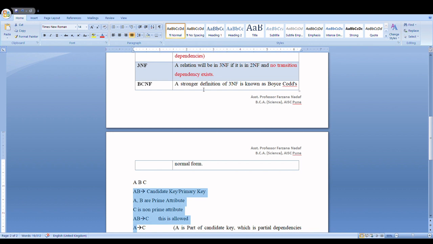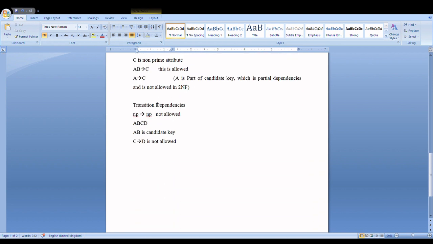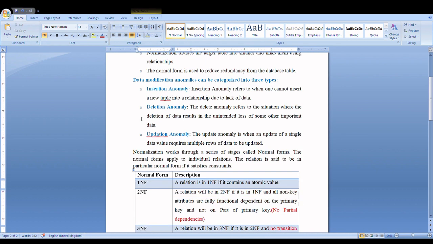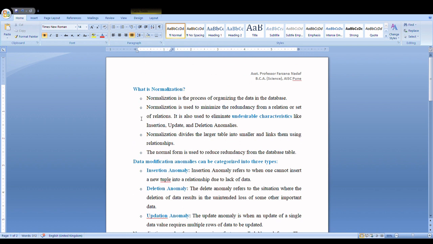It is the stronger definition of 3NF. What you have to check at the end for BCNF is a very important condition. Whatever is there on the RHS, we don't care, but your LHS should always be the super key, candidate key, or primary key. So this is about normalization. Understood? Okay, thank you.